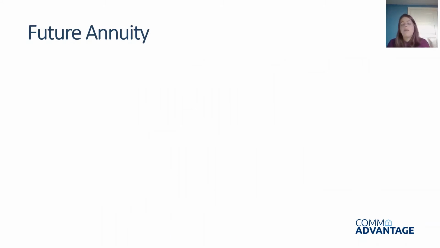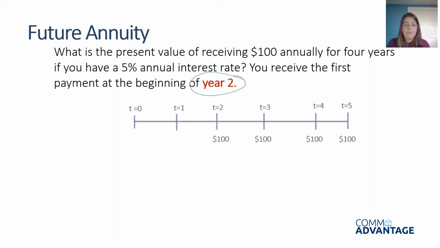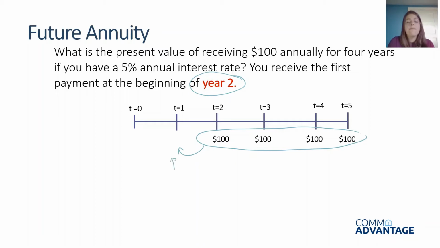Annuities, though, sometimes in the problems, can be a future annuity. What happens if instead of getting that first payment a year from now, which is kind of the default setting, we're getting that first payment at the beginning of year 2? Remember that anytime we use the annuity formula, it's going to take that string of annuities, which in this case are starting in year 2, and tell us that present value in the period before those cash flows start.